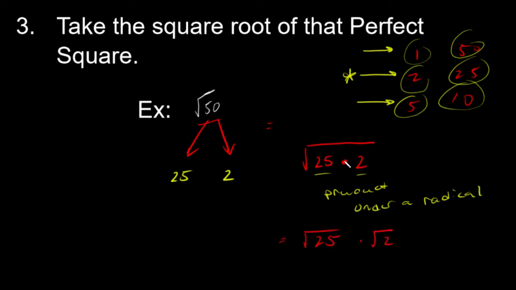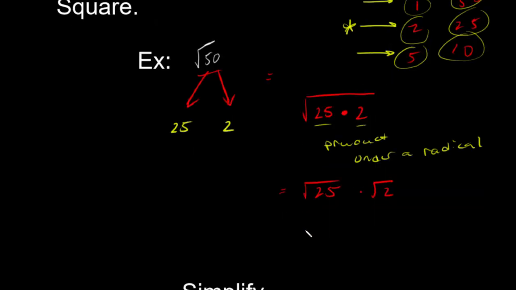Notice I've got a multiplication here, so that's a product, and it's under the radical. So you can break it into the square root of 25 and the square root of 2. Like they can go into their own little houses. And now that they're in their own little houses, we can simplify the square root of 25 because we know that the square root of 25 is 5. And so you get 5 times the square root of 2. The square root of 2 cannot be simplified any further because you can't break 2 up into two different numbers where you know the square root of one. So that is as simplified as the problem gets.